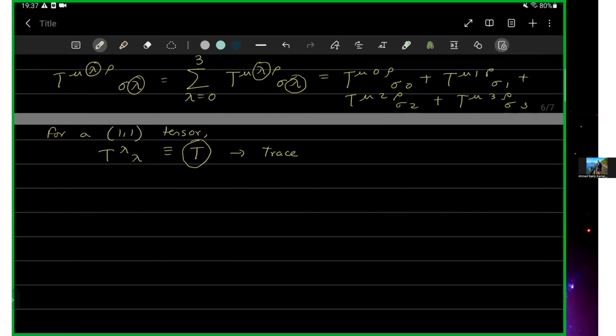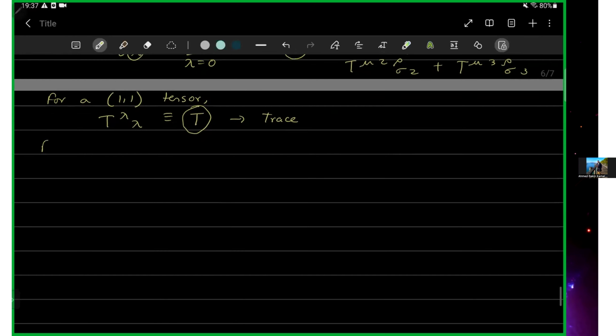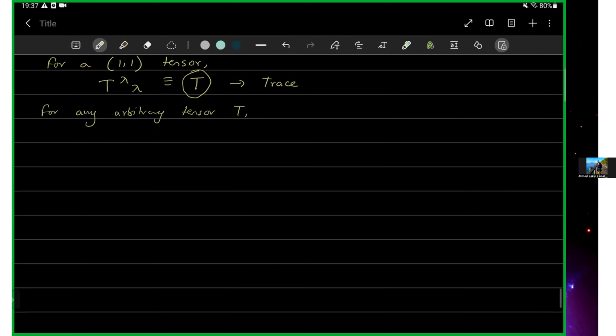Now, finally, for any arbitrary tensor T, we can symmetrize or anti-symmetrize some of its indices. So for example, if I consider a 0-2 tensor T with components T mu nu, sorry for my voice, then we can define a symmetric tensor.